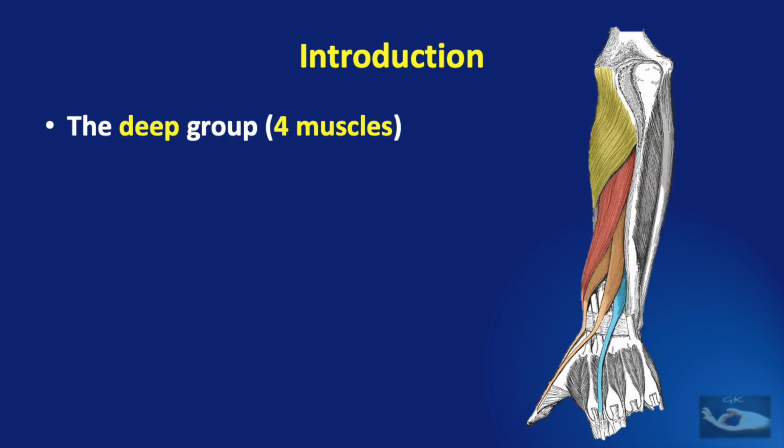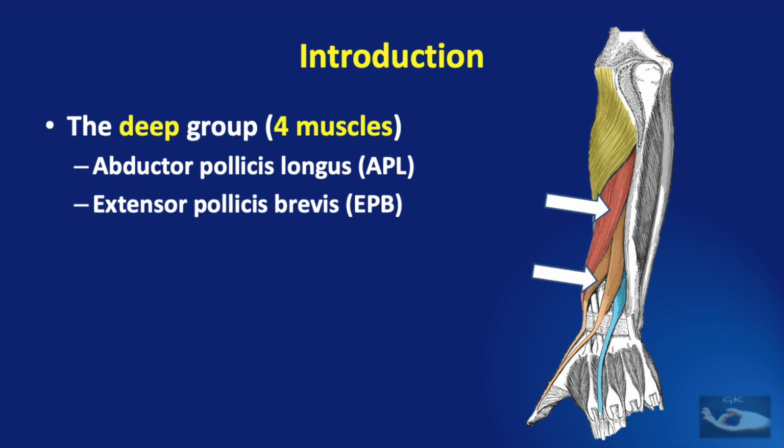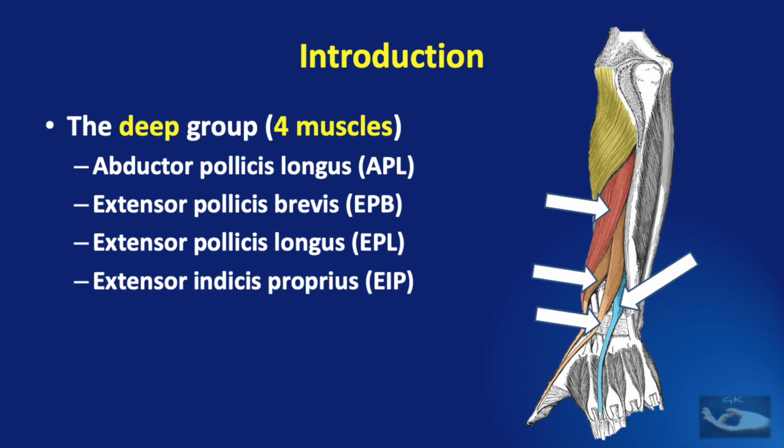And the deep group consists of 4 muscles: the abductor pollicis longus, the APL, the extensor pollicis brevis, the EPB, the extensor pollicis longus, the EPL and the extensor indicis proprius, the EIP.